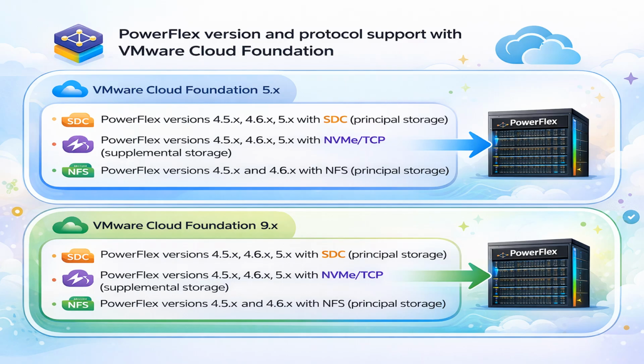If we choose the wrong protocol or unsupported version, deployment may fail or not be supported by VMware. In real enterprise environments, SDC is chosen for mission critical workloads. NVMe TCP is used for high performance applications. NFS is used when file-based storage integration is required, especially in hybrid cloud designs or external storage strategies.